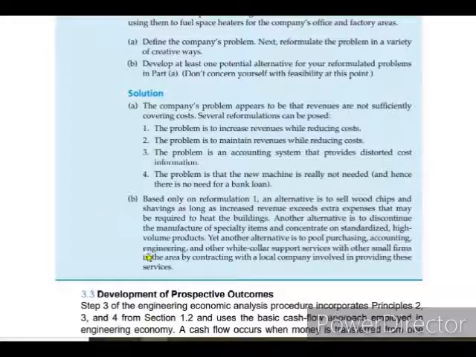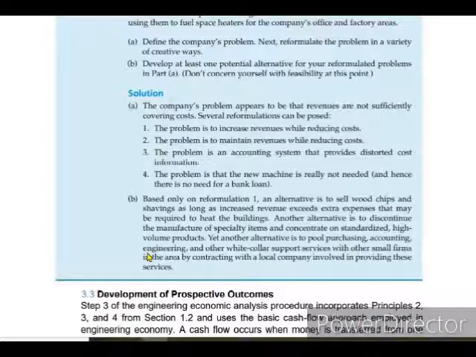Okay, so letter B, based only on reformulation one, because it is the highest in the hierarchy. Okay, an alternative is to sell wood chips and shavings as long as increased revenue exceeds extra expenses.